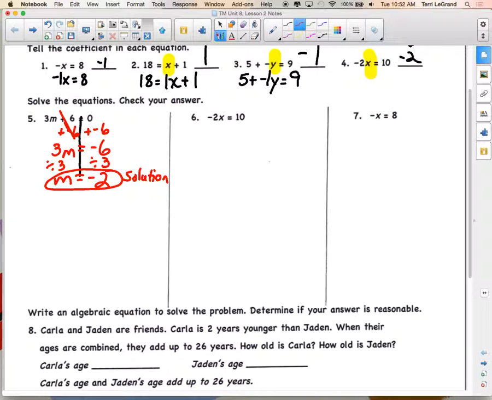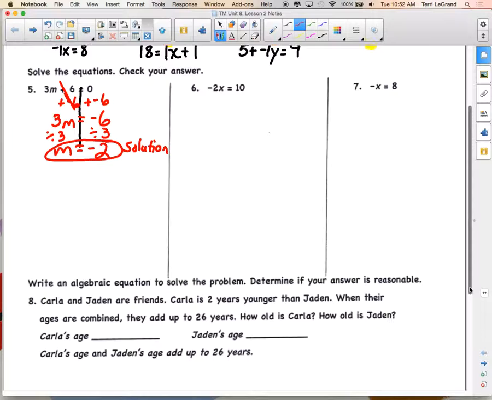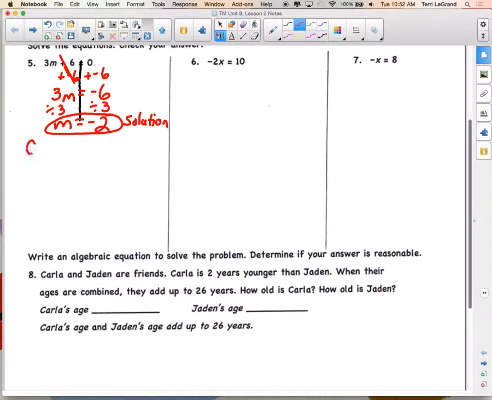And now we're going to check it. How do we check it? Do you remember that? Kind of, Caden? So you'll write both things in and you'll put 3 parentheses and you get... Okay, yeah, times -2. So let's write the word check so we know what we're doing in our notes here.